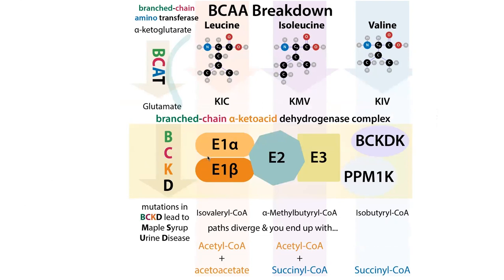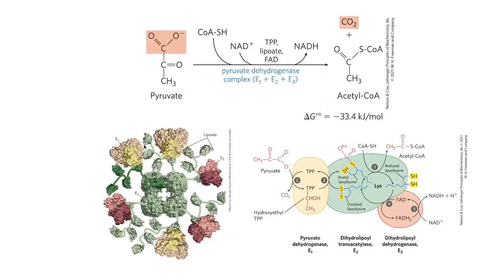And here you can see that we have this E1, E2, and E3, which is very similar to what we had in the case of our pyruvate dehydrogenase complex. E1 is the one that actually binds to the substrate.